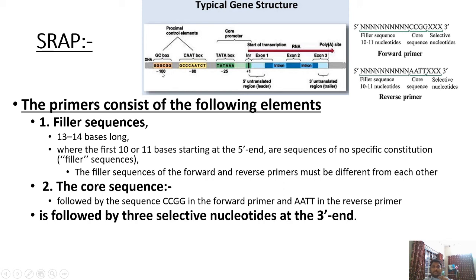that means an annealing temperature of around 54 degrees. At that temperature, these SRAP primers may not bind at the target sequences. If you bring the temperature down, then these primer sets may bind at the target sequences. That's why I have told you that you have to carry out the first few PCR cycles with the lower annealing temperature, and thereafter you can increase the temperature.